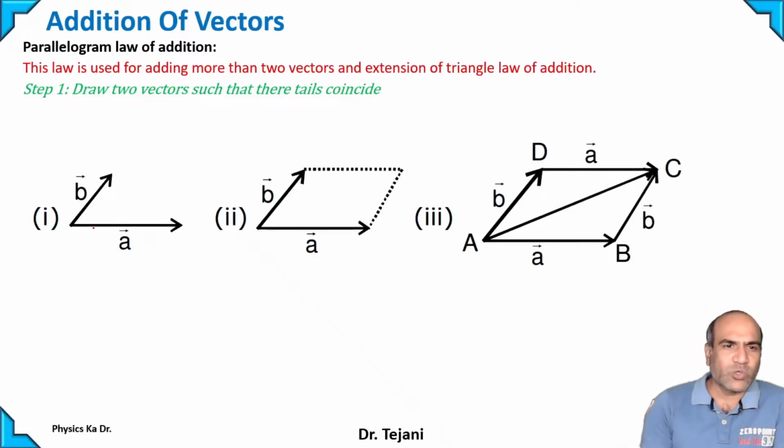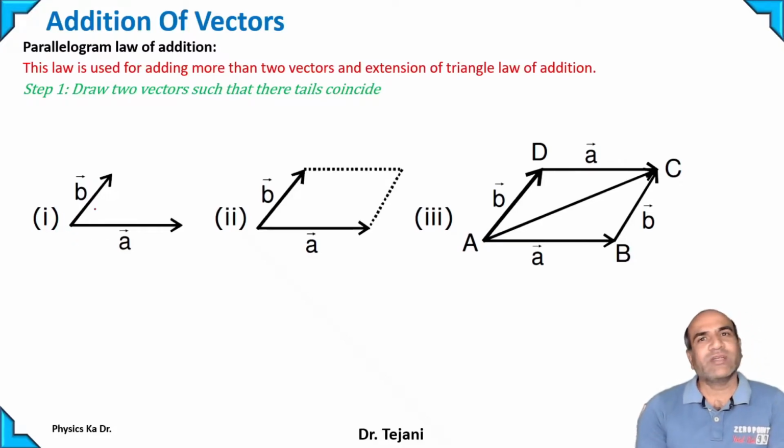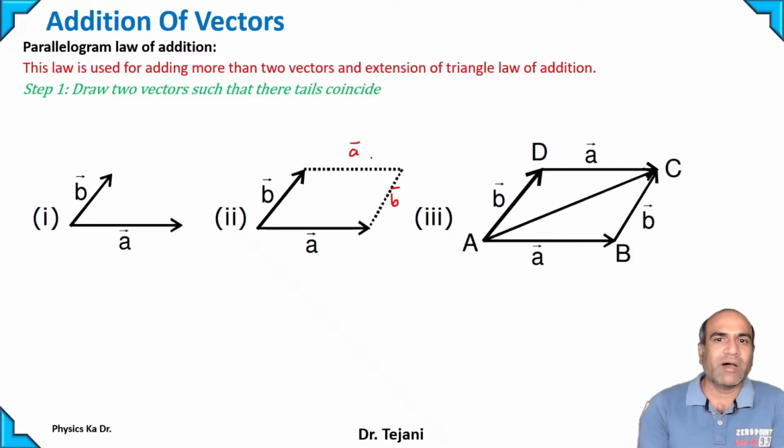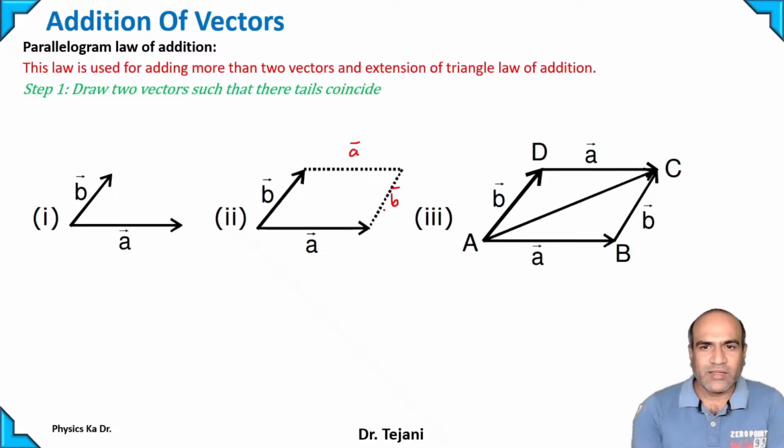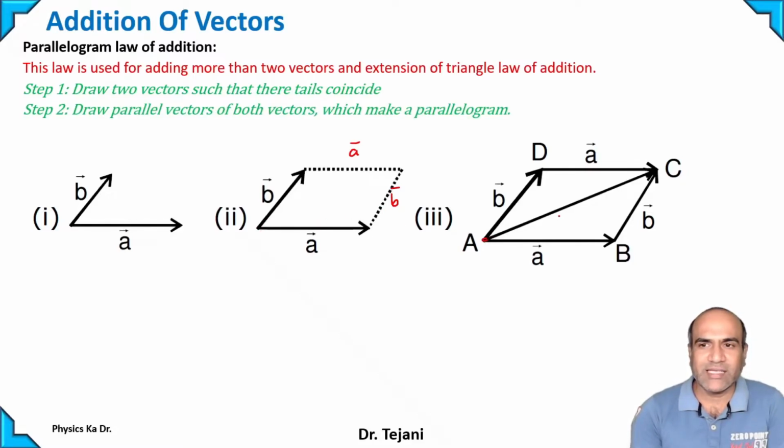So what is the step? First, draw A and B in such a way that tail should meet with tail. There is some difference, right? Tail should connect with the tail, and then draw a parallelogram. So this line is parallel to B bar, this line is parallel to A bar, and that gives us a parallelogram. Then join this diagonal AC. All heads are meeting here.